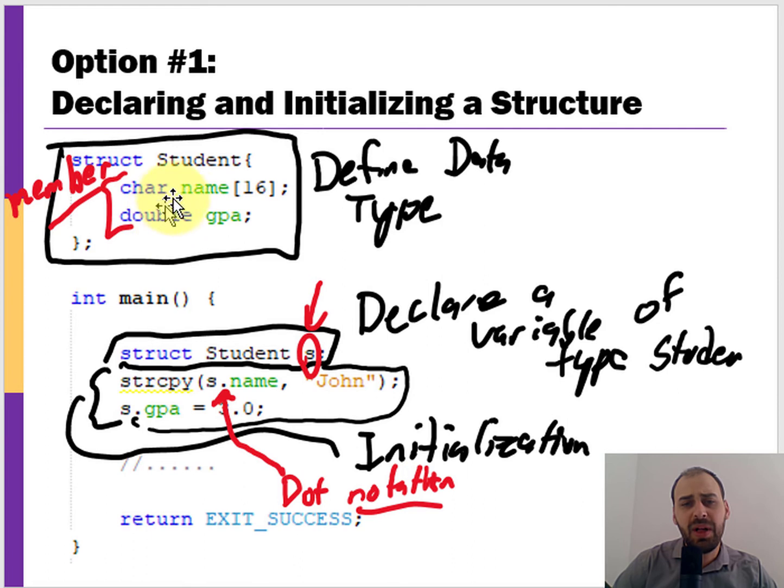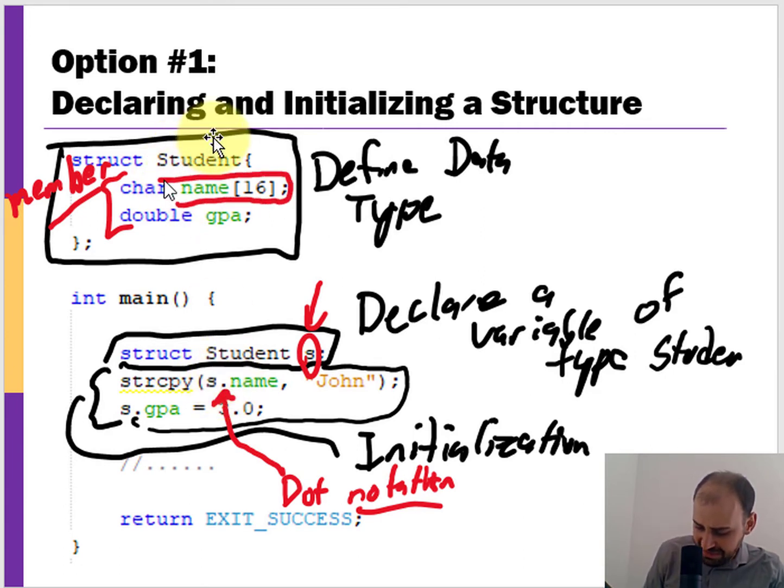Here we're initializing name to John. So I say s.name, and that gives me access to this particular variable inside of the structure. We could also do s.gpa, which gives me access to that particular variable inside that structure.